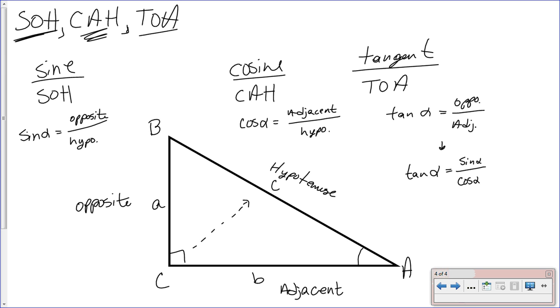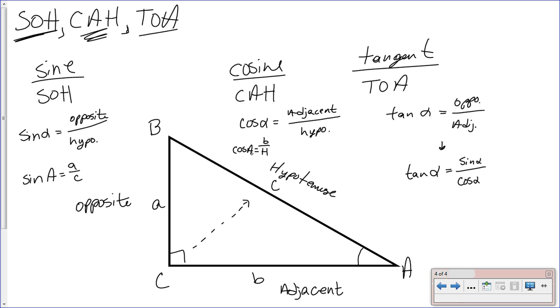So, little example. The sine of A would equal opposite, which is A, over hypotenuse, which is C. The cosine of angle A would equal the adjacent side over the hypotenuse.